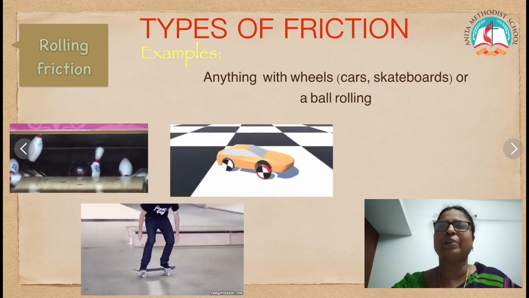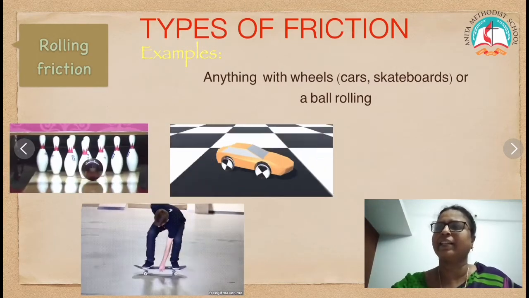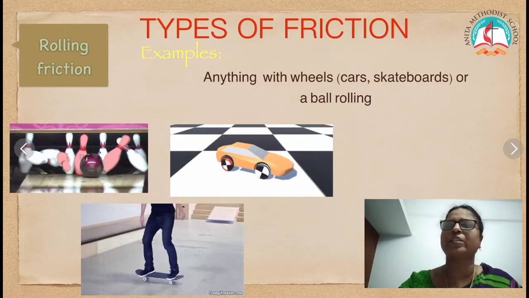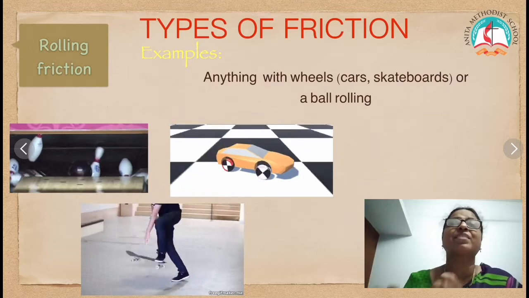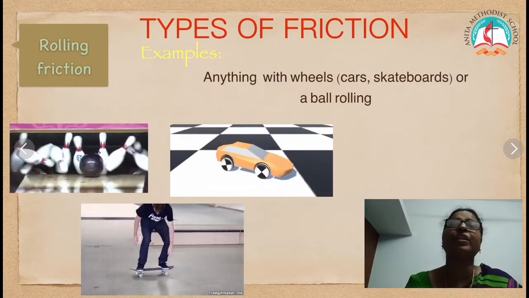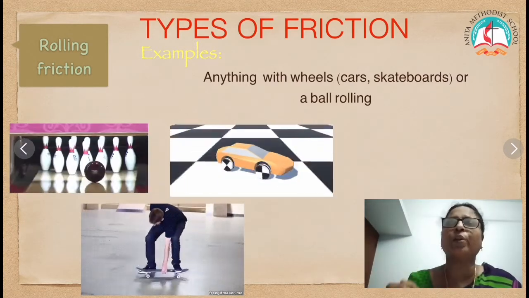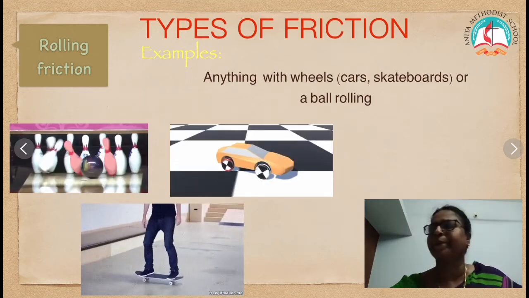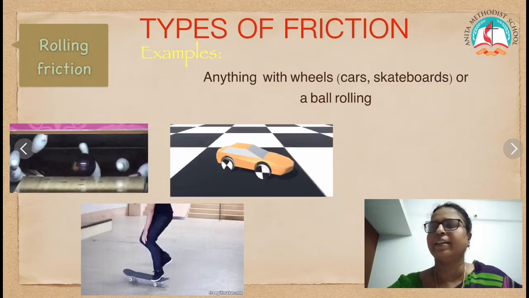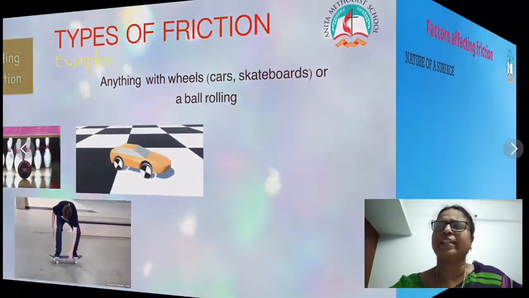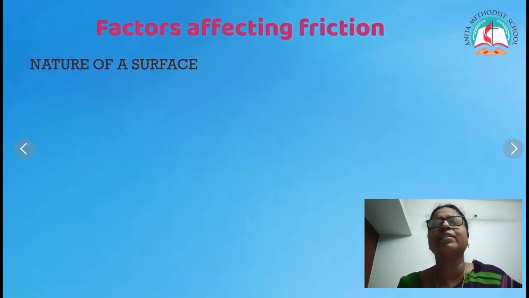I think now you will understand this, isn't it? Here you are seeing the wheels. So rolling friction involves something that has a wheel. Any object that has a wheel is an example of rolling friction. Okay, children, do you understand? Yes. Okay, next we are going to see the factors affecting friction.